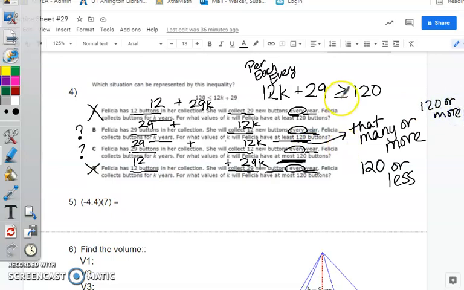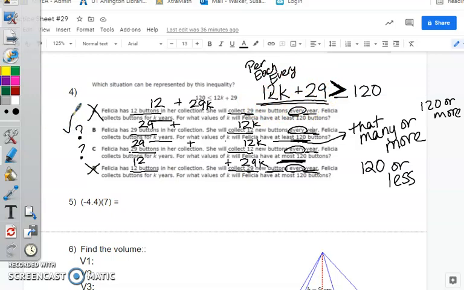Okay, so this is saying it can equal 120, or this can be more. This can be more. Remember, a lot of y'all think of that alligator thing that's eating the bigger one. This can be more. So this looks good.